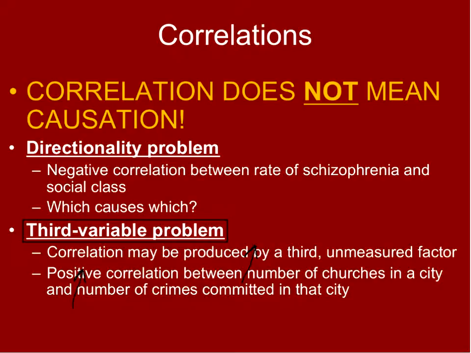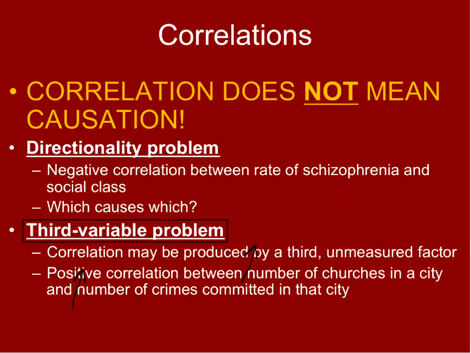What's the third variable that is predictive of both having lots of churches and, generally speaking, having more crime? What goes along with those two things, generally speaking? Where you have more churches and you have more crimes, you also tend to have more what?